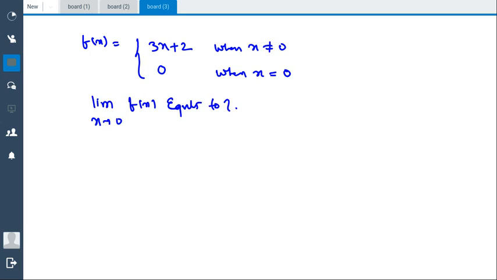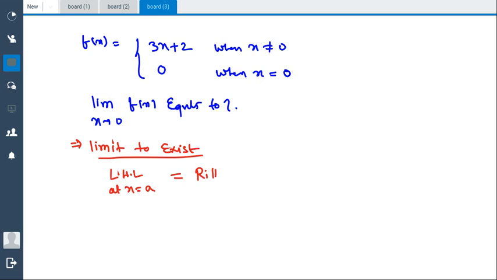So let me tell you, for the limit to exist, LHL at x is equal to a must be equal to RHL at x is equal to a. So basically it is saying limit x tends to a minus f(x) must be equal to limit x tends to a plus f(x).